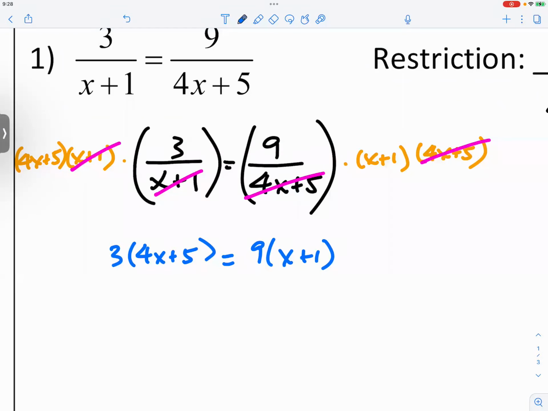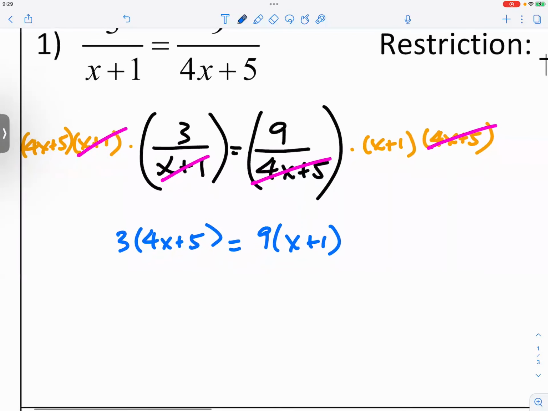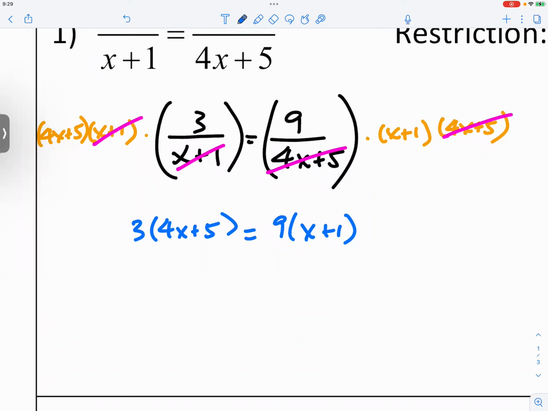And can you see how the denominators are now gone? Okay, so that's why I said numerators are innocent. The only thing that you should hate is the existence of the denominator. So make sure you target your enemy, the denominator, and then you go ahead and do the appropriate steps to eradicate it.